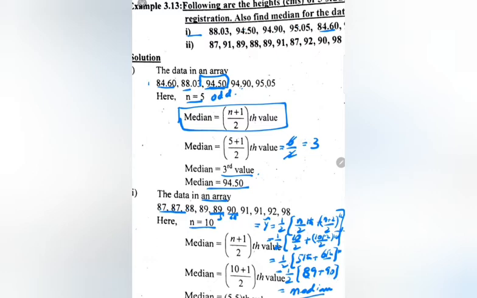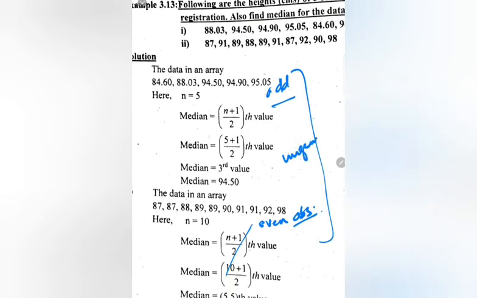Hopefully you will clearly understand how we calculate the median for odd observations, and this formula which I showed you for even observations. Both are for ungrouped data.